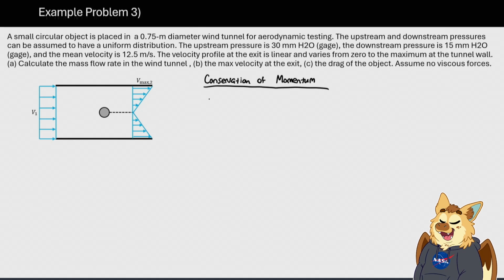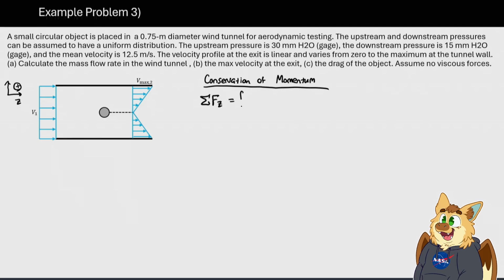Let's see here. We can write the summation of our forces in the z direction because, again, we're doing a balance in the axial direction, which we denoted as to the right being positive. So the summation of forces in the z direction is going to equal, typically we have an unsteady term, but because we're steady flow, we don't need to worry about that.